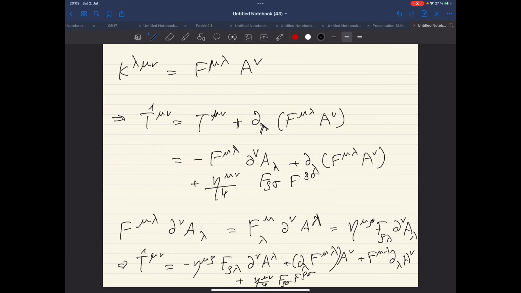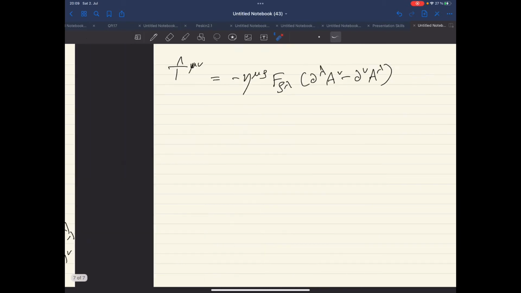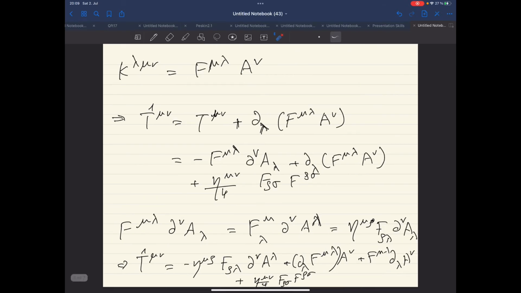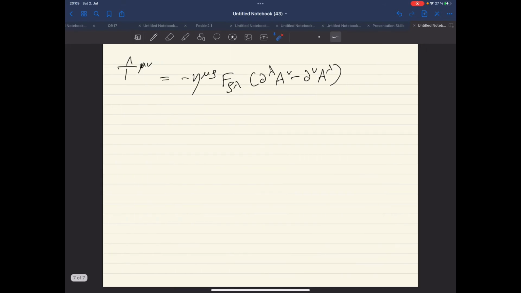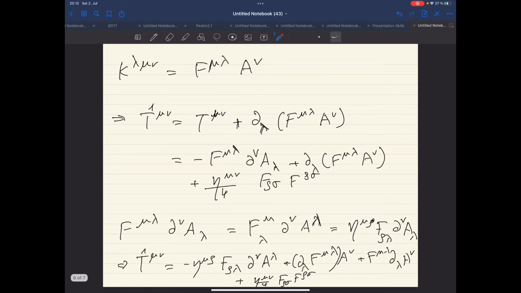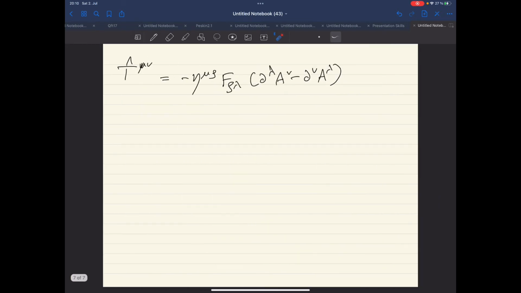So I have here one term which has F rho lambda and eta mu rho, and here also another term. Right, and so I will get that term plus eta mu nu over 4 F rho sigma F rho sigma.